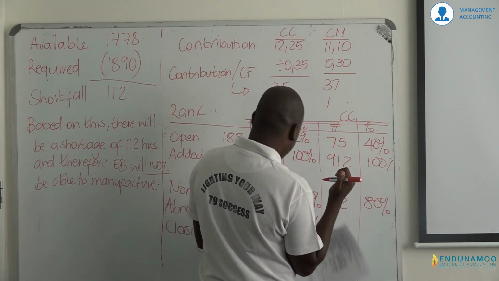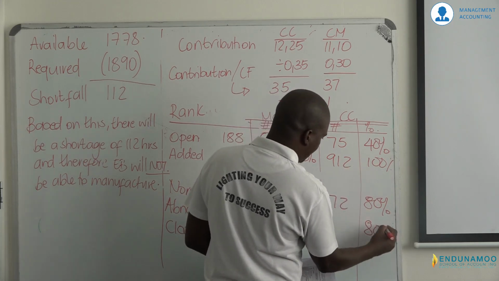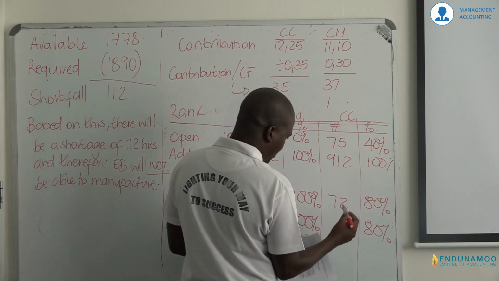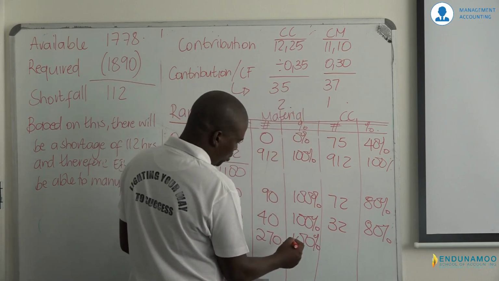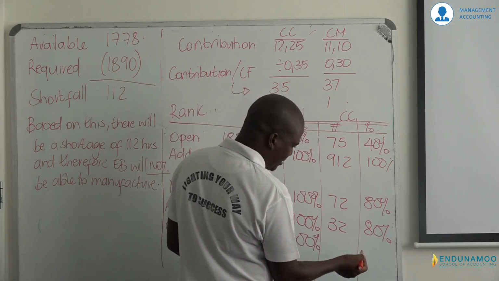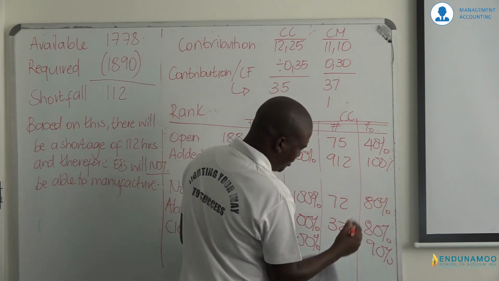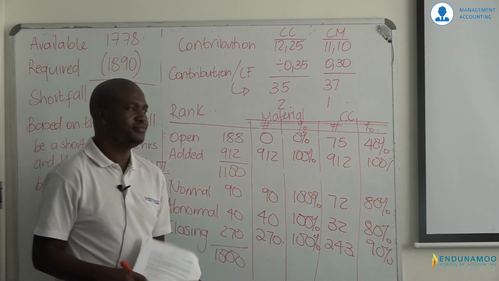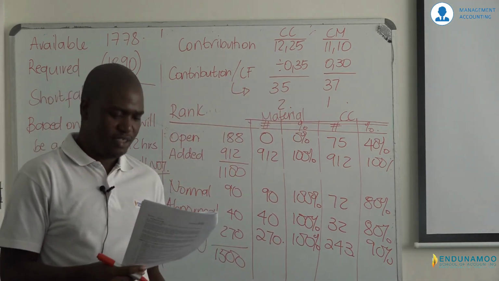Then we had abnormal, 80% as well, right? Because they were identified at the same point. And that would be 80% of 40? 32. Then the closing, 270, how much was closing sitting at? 90%. Altogether, it gives us 243. Do you see that?